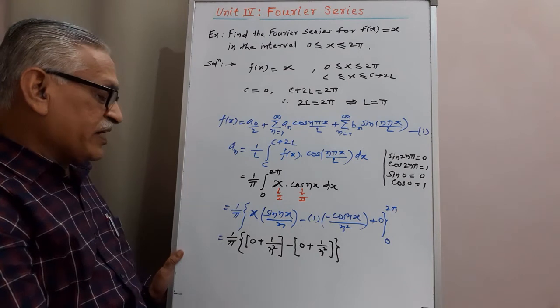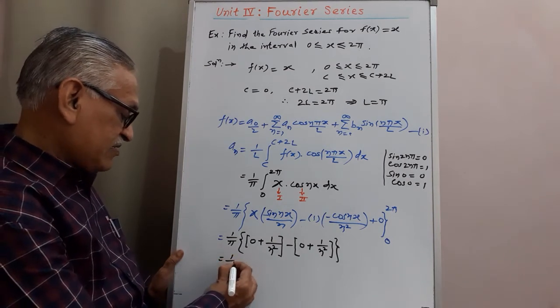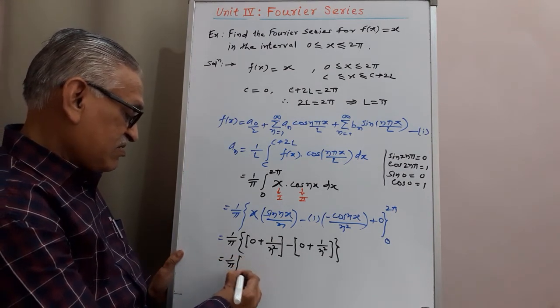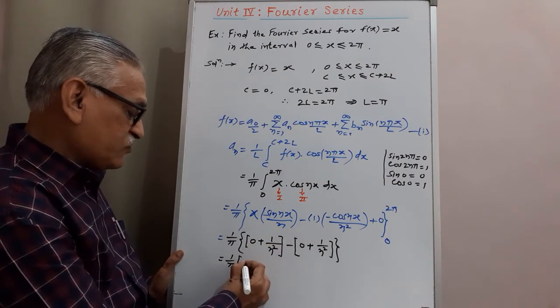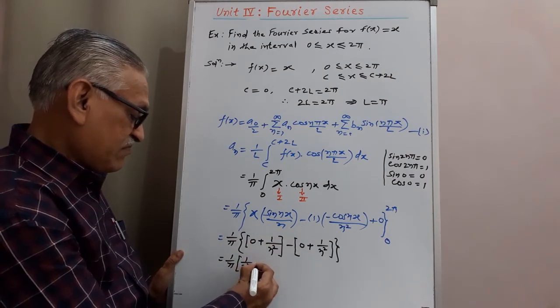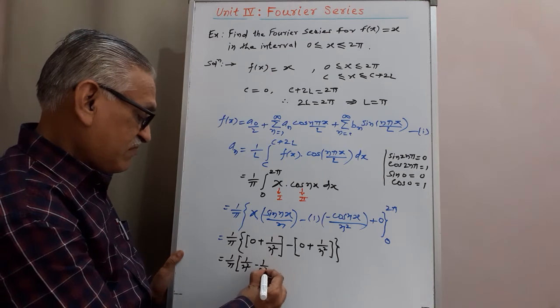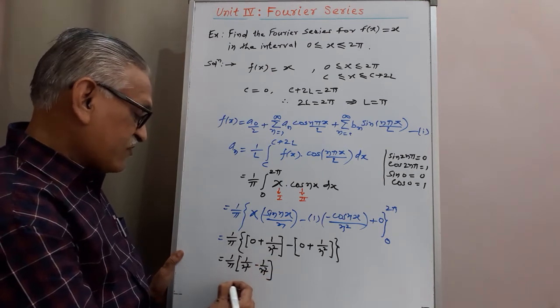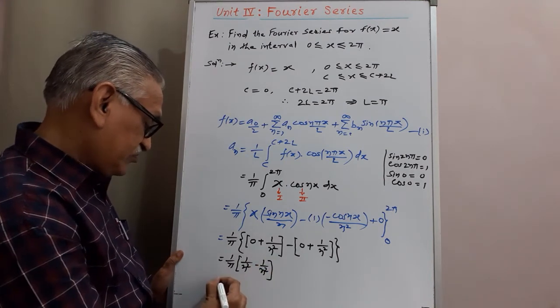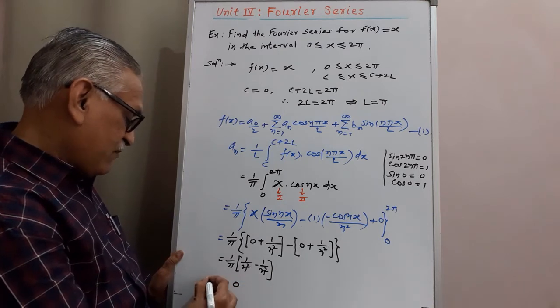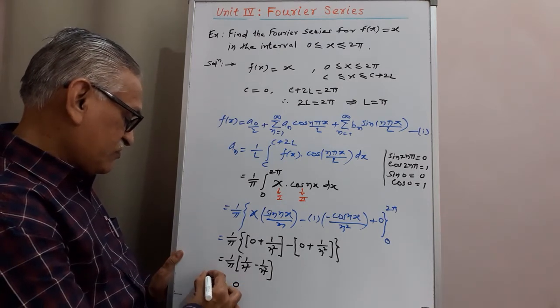And therefore we get 1 by π, 1 by n square minus 1 by n square, and that value is 0. Therefore we get an as 0.